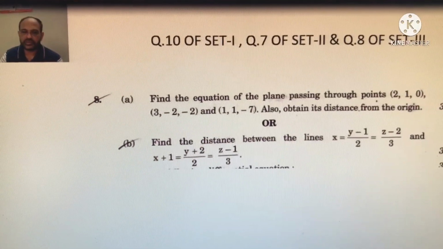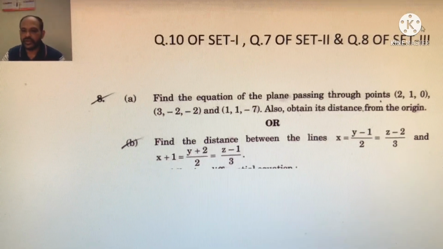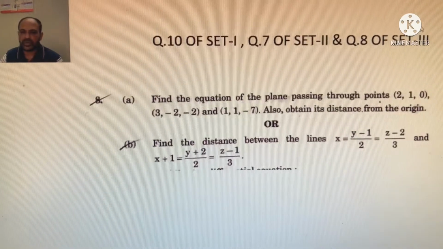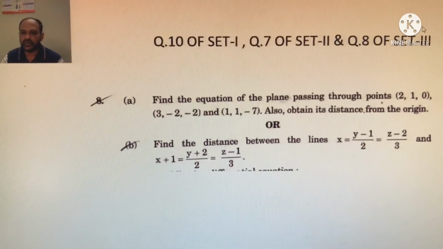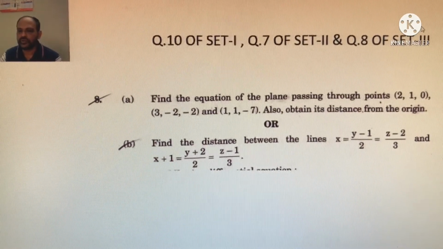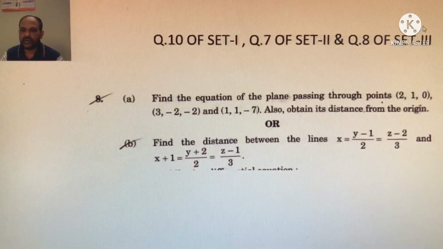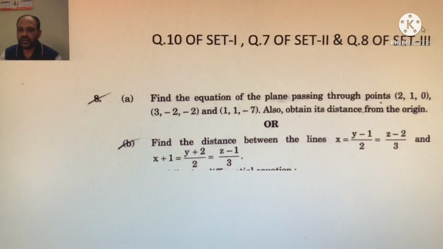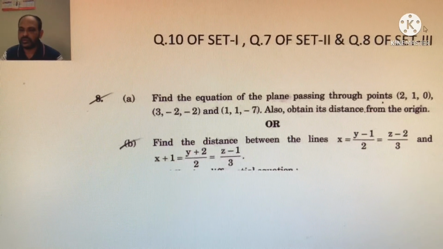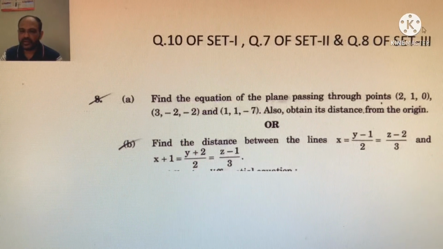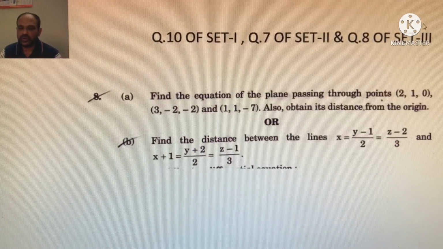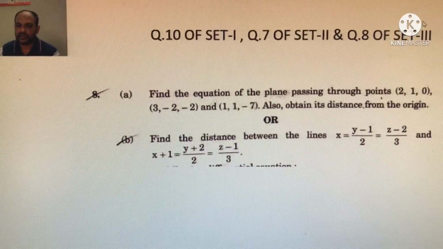Next question is, find the equation of the plane passing through the points 2, 1, 0, 3, minus 2, minus 2 and 1, 1, minus 7. Also obtain its distance from the origin, or find the distance between the lines x is equal to y minus 1 by 2 is equal to z minus 2 by 3 and x plus 1 is equal to y plus 2 by 2 is equal to z minus 1 by 3.